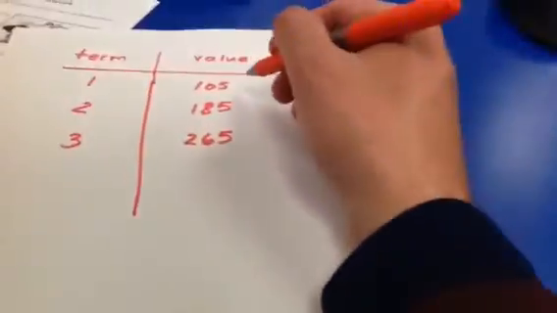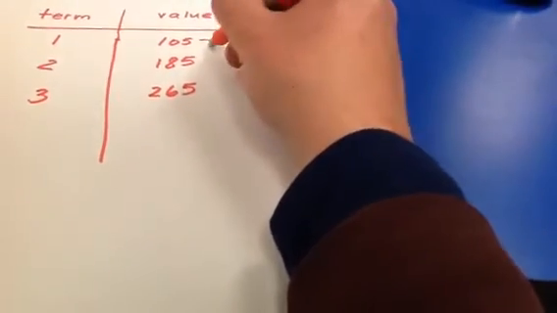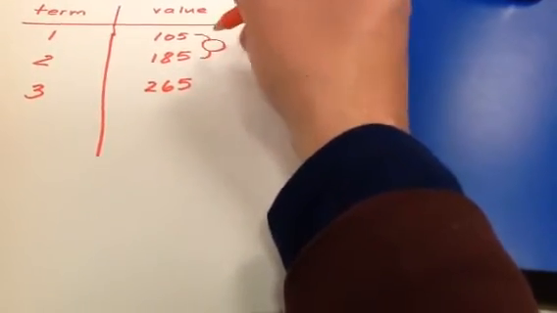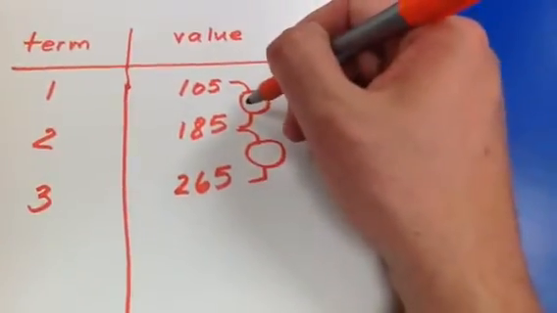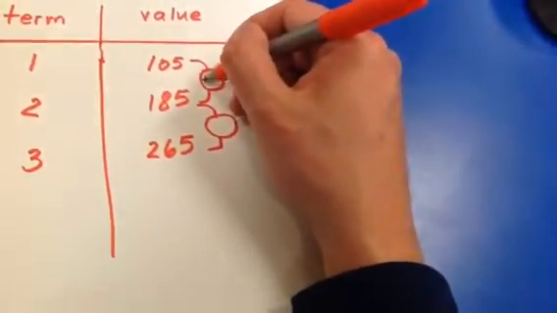The next step is to draw your bubbles. These magical bubbles is what we call them because what they always do is help us determine our rule. Now, the bubbles are basically what's happening between each of these numbers, and the students should be able to determine, using a calculator or just an understanding of the problem, that every time it's increasing by 80.